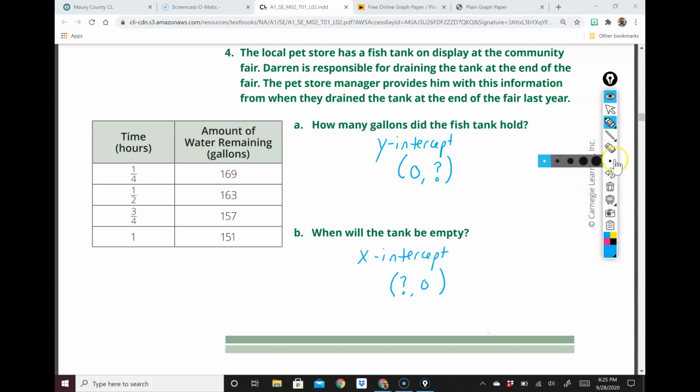First, let's calculate the slope. 163 minus 169 gives us a difference of -6. 1/2 minus 1/4 gives us a difference of 1/4. So -6 divided by 1/4 gives us -24.